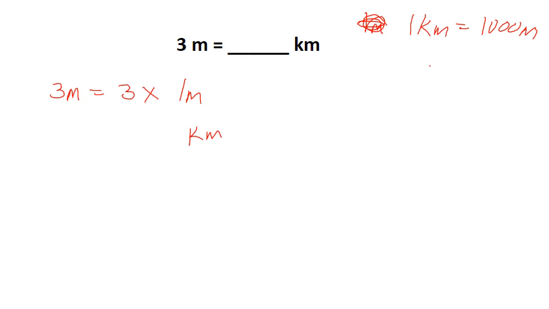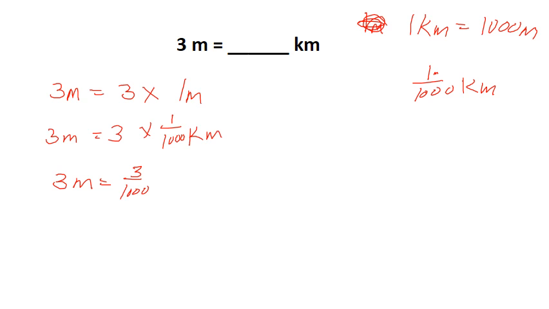So if there's 1,000 meters in 1 kilometer, that means 1 meter would be 1/1000th of a kilometer. Okay? So we're going to put 1/1000th up here. So now we can see 3 meters equals 3 times 1/1000th, which would be 3/1000ths of a kilometer.